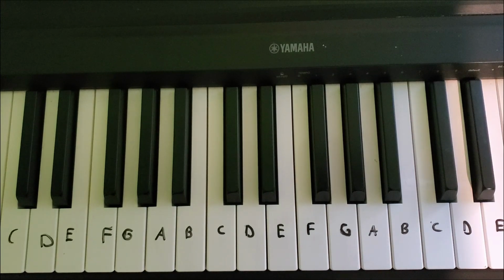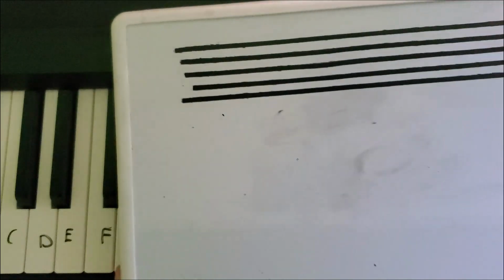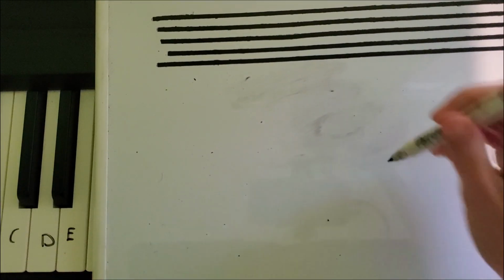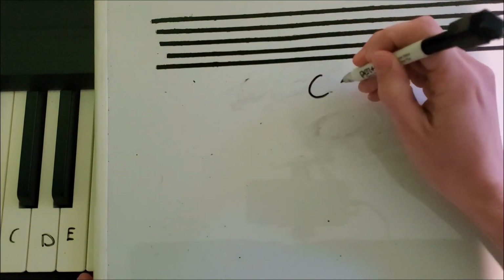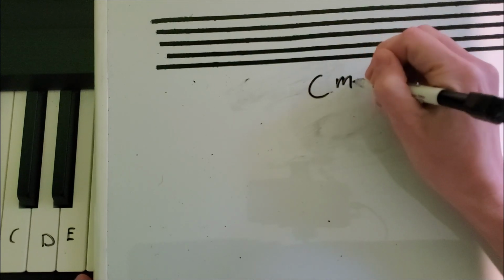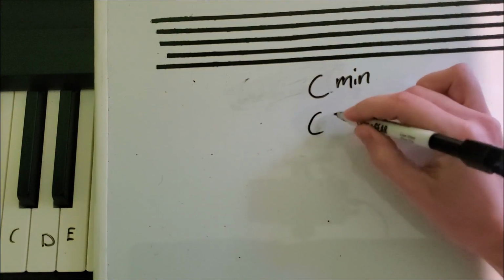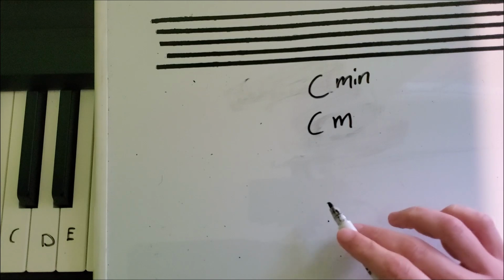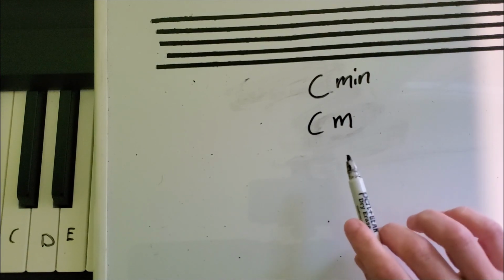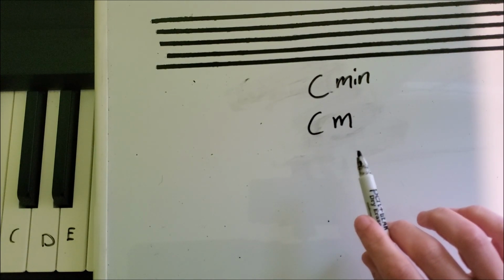Now, if instead of that regular C, we see something that looks like this. Some places you might see a lowercase m too. This is going to be our C minor chord.